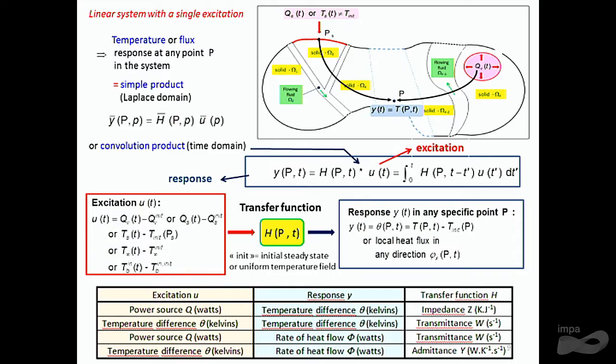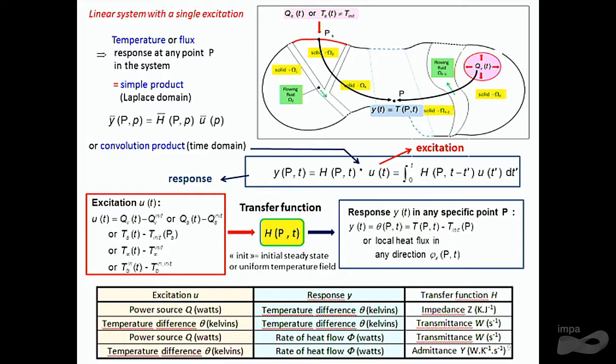We have considered the different types because we need a vocabulary to differentiate, to sort these different transfer functions. If we have a power source in watts and the response is the temperature difference in kelvins, we call this transfer function H. It's an impedance. If you have a temperature difference as input and a local temperature as an output, there is no name, we can call it a transmittance.